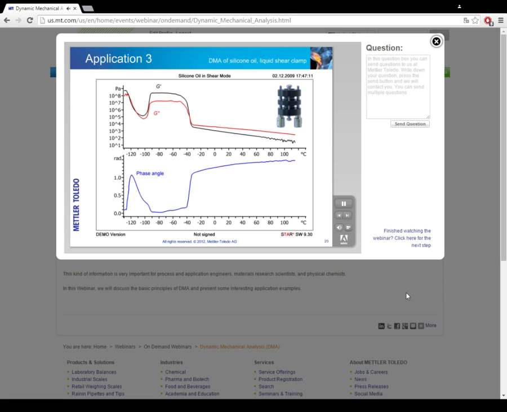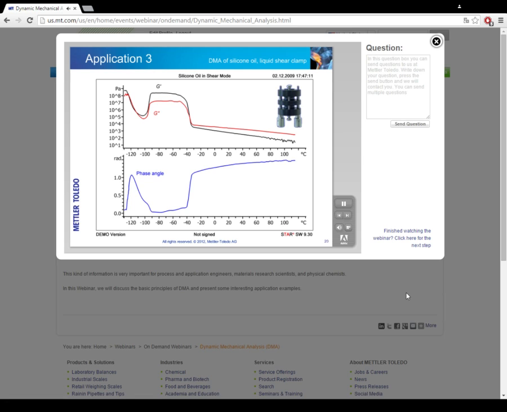The measurement curves show the decrease in the storage modulus G' at the glass transition at about -115 degrees. This is followed by an increase at -100 degrees due to crystallization, and then melting at -40 degrees, where the storage modulus again decreases.